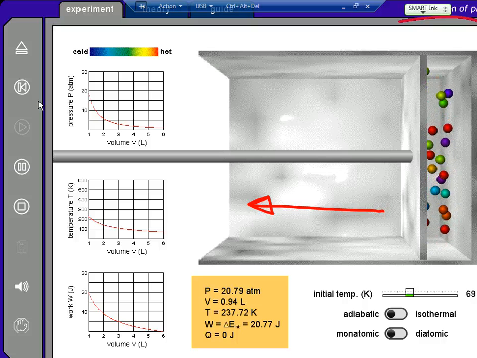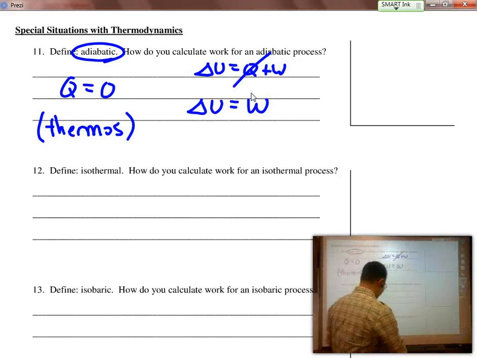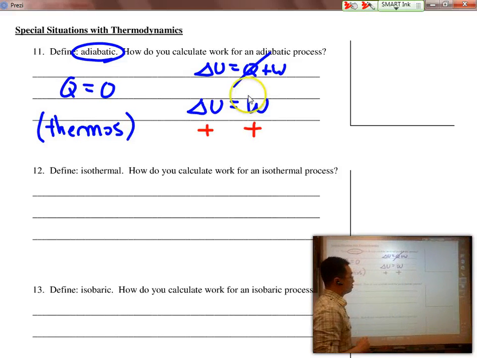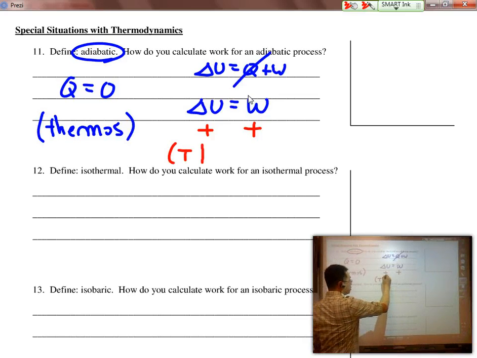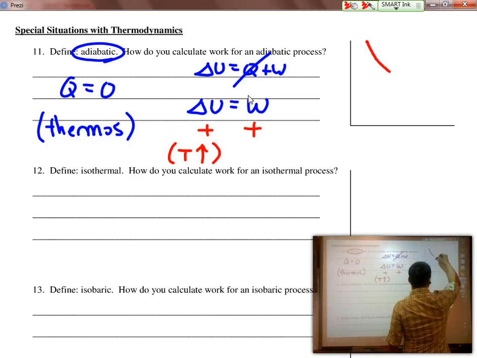Delta U is equal to Q plus W. So when you say a statement like that, think about delta U as a temperature, meaning that if you're doing work, the temperature goes up as well. The temperature increases. If you were to graph what an adiabatic graph looks like, it would look like this.